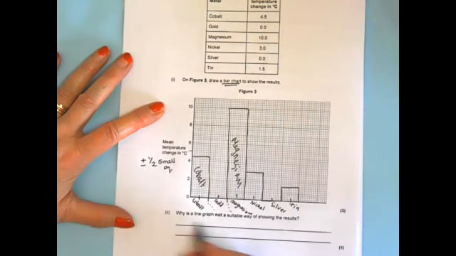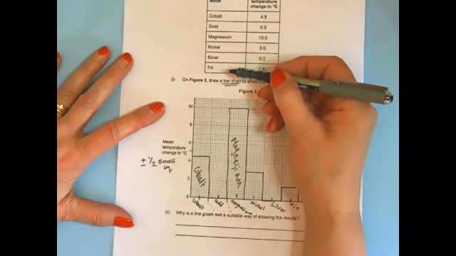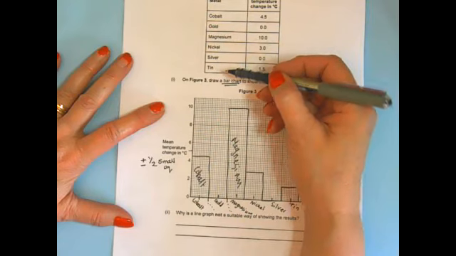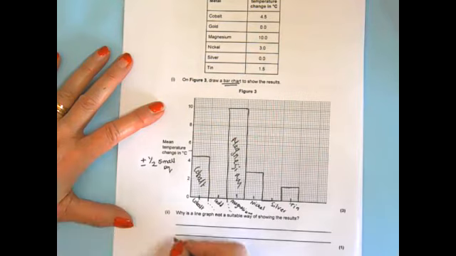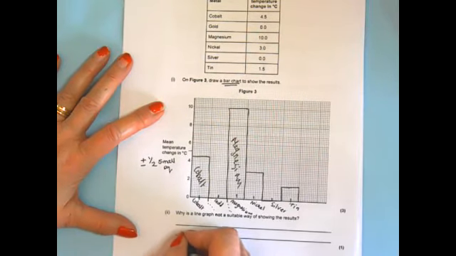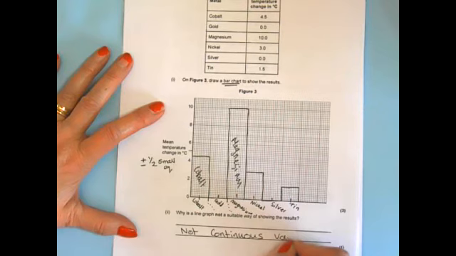Then it says, why is the line graph not suitable? These are not continuous variables. They don't vary like a number varies. So these are categoric, or not continuous. So we can say they're not continuous variables.